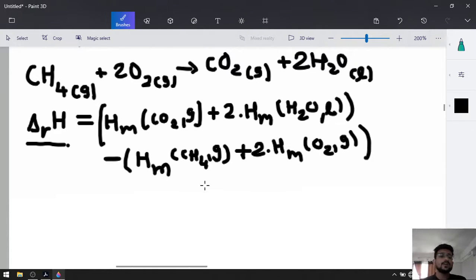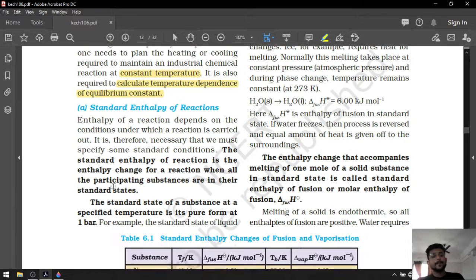We have to mention temperature and pressure. If we are calculating in a standard procedure, the standard value will be delta R H naught, and this sign represents the standard value. This is the standard enthalpy of the reaction.